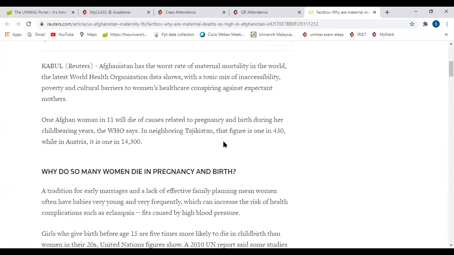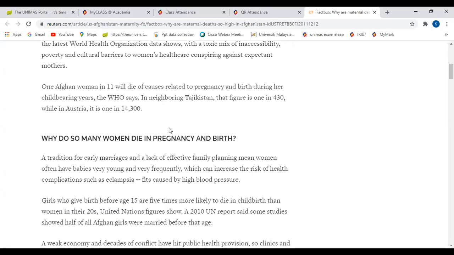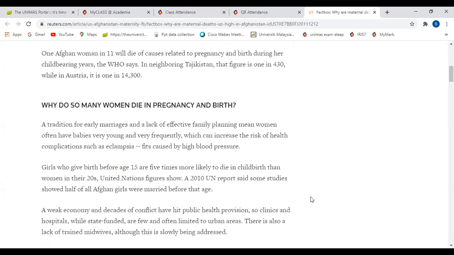Dan dibandingkan dengan in neighboring Tajikistan, that figure is 1 in 430. So 1 in 11 compared to in neighboring country 1 in 430, right? Right. In other countries just 1 in several thousand, right? Tapi di Afghanistan dia keadaannya agak teruk sangat lah, ya.